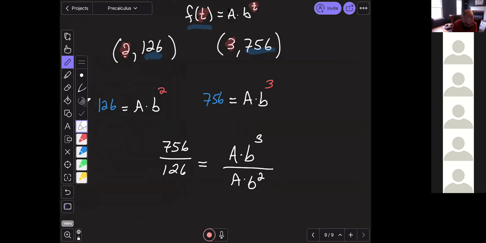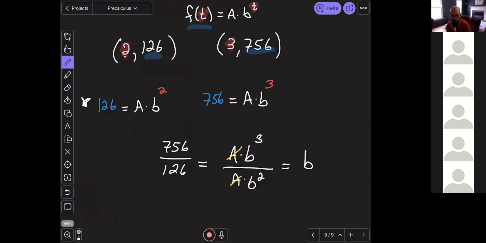Okay, so the first thing that we notice is, hey, I have this a, and those can cancel. And then I have these b's here, and so b cubed over b squared is going to be just b.